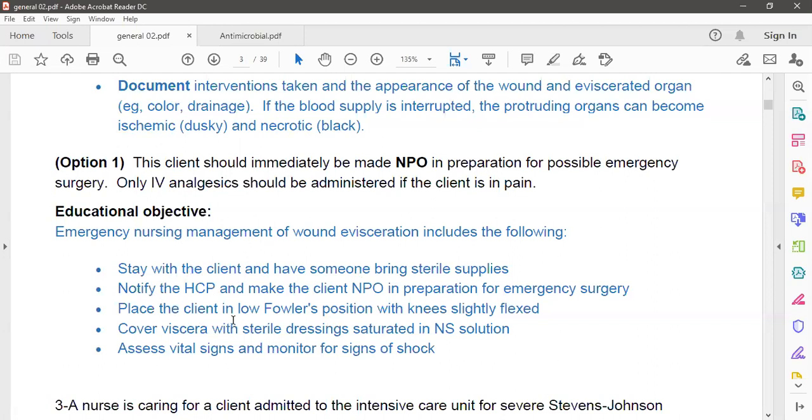And place the client in low Fowler's position with knees flexed, cover the viscera with a sterile dressing moistened with normal saline solution. Also, assess the vital signs and monitor for signs of shock.